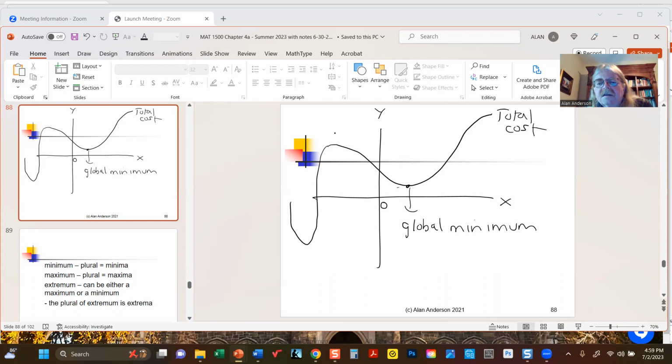We can think of this as a global minimum within the interval from 0 up to infinity. That's really why this is important, because we may have a smaller point out here somewhere, but that is irrelevant when we can only have non-negative x's and y's.